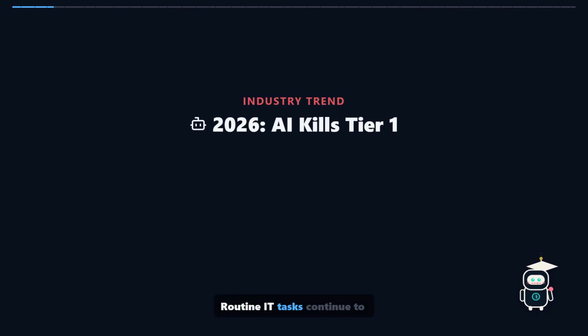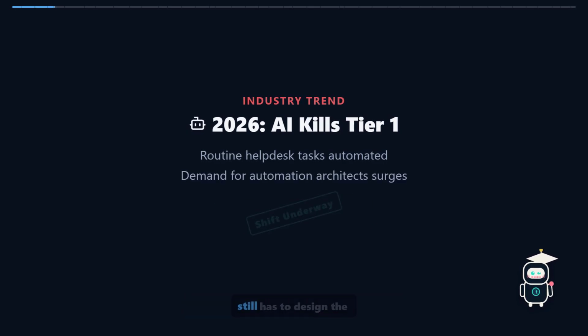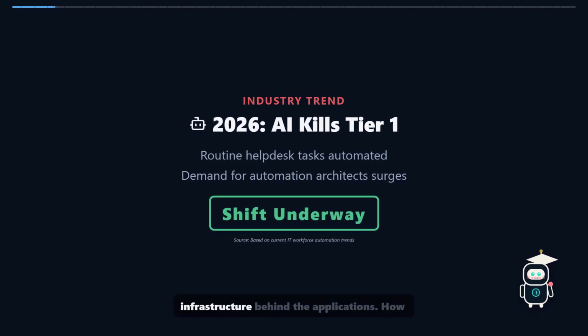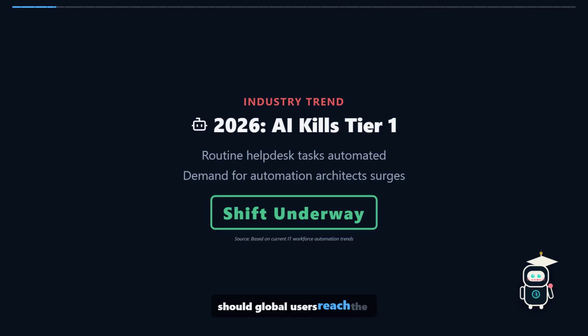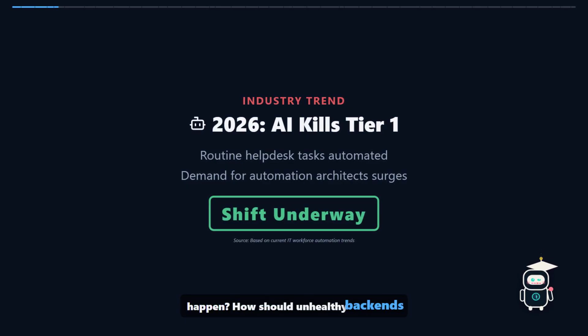Routine IT tasks continue to become more automated, but somebody still has to design the infrastructure behind the applications. How should global users reach the application? What happens when a region fails? Where should TLS terminate? Where should WAF inspection happen? How should unhealthy backends be removed from rotation?